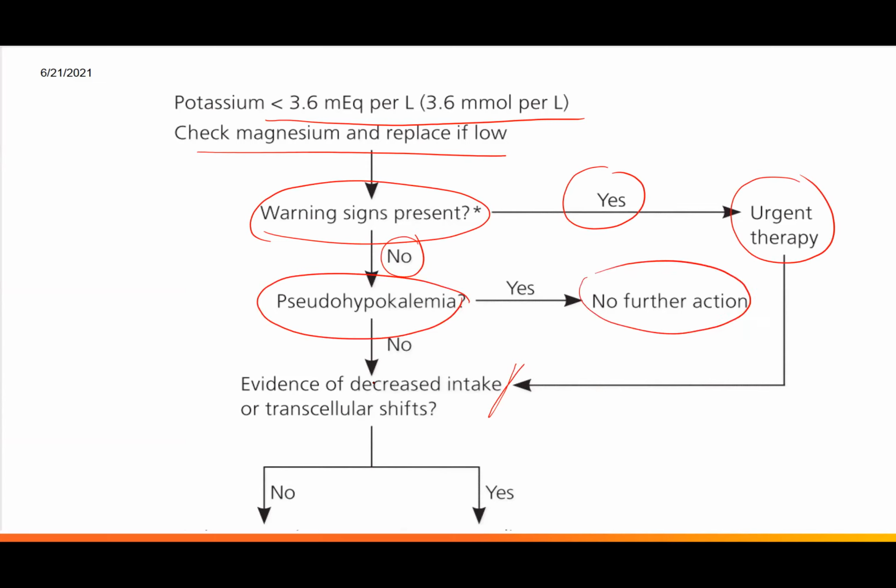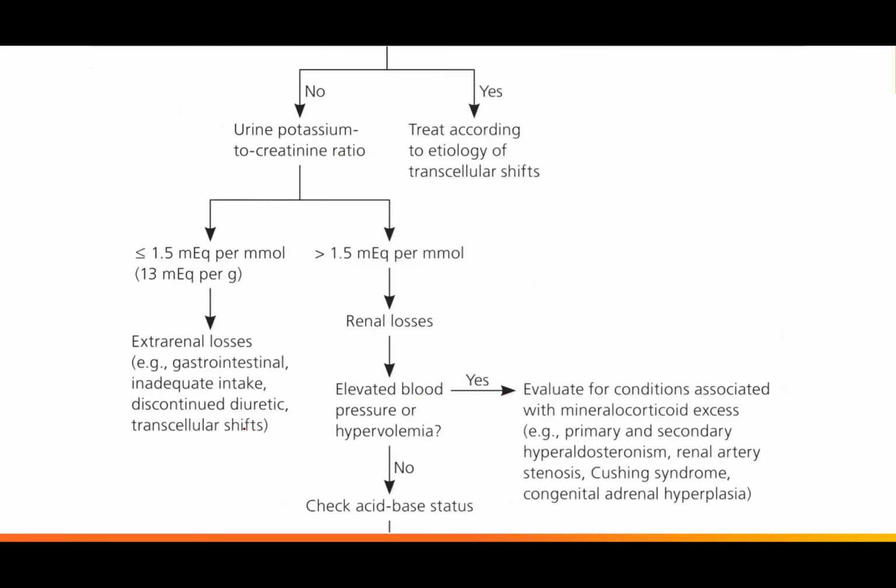If it is not pseudohypokalemia and the warning signs are absent, then look for evidence of decreased intake or transcellular shift. If such evidence is there or not there, go to the next slide. If it is not there, then check urinary potassium creatinine ratio.